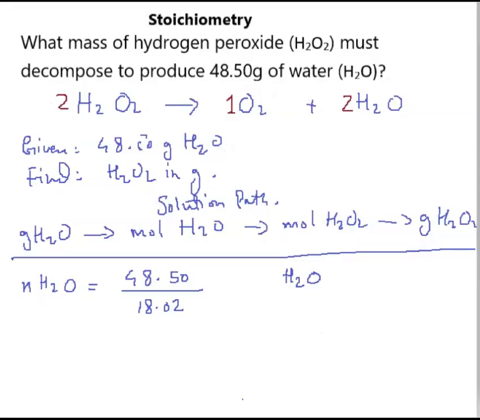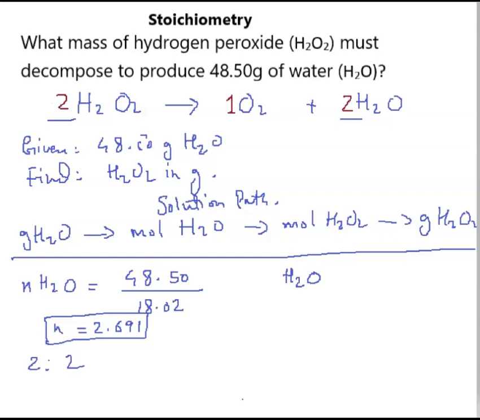Okay, all right, so let's continue. So we get 2.691. That's the moles. In terms of ratio, as you can see, it's 2:2. 2:2 is the ratio. So we can use this number.